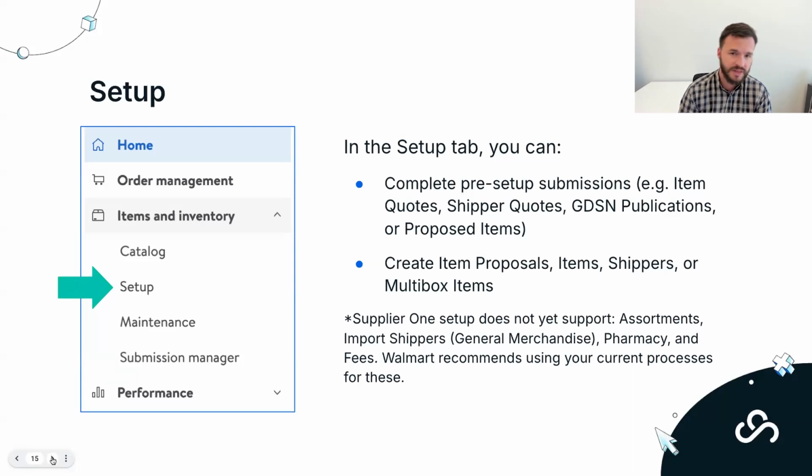One thing, and this is to the latest of our knowledge, so let us know if this has been updated or if you've had a different experience: Supplier One does not yet support assortments, import shippers, or GM, pharmacy, and fees, right? Walmart recommends using your current processes for these.